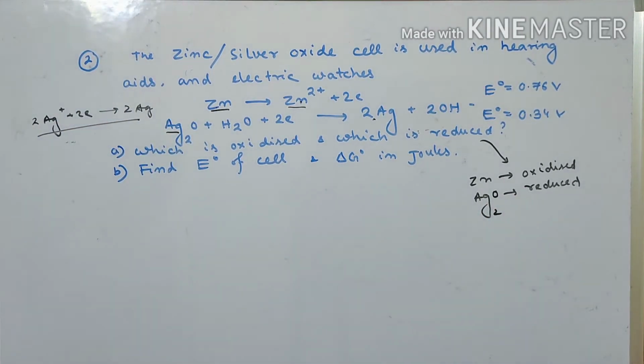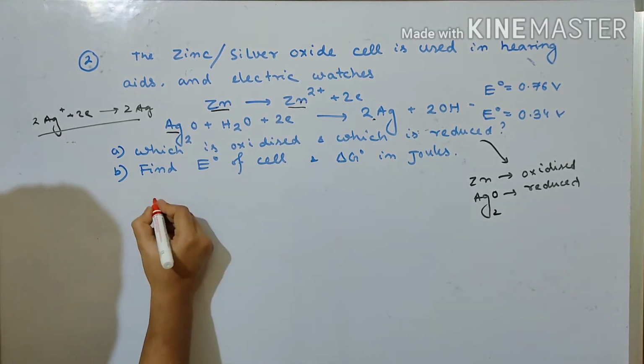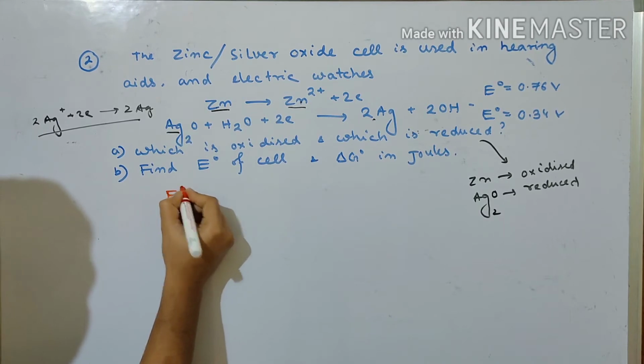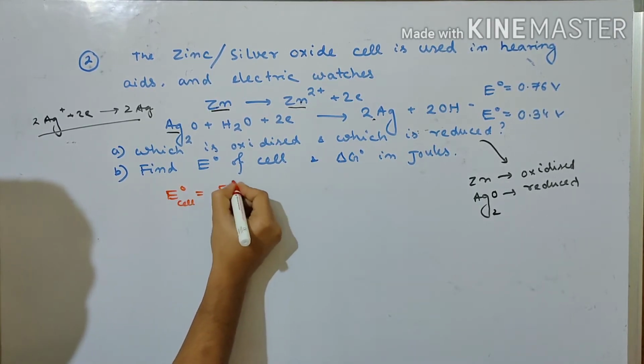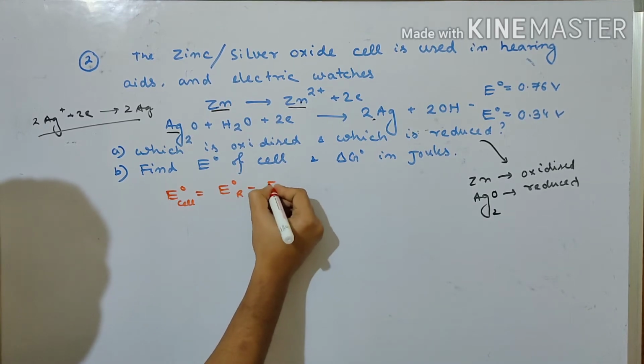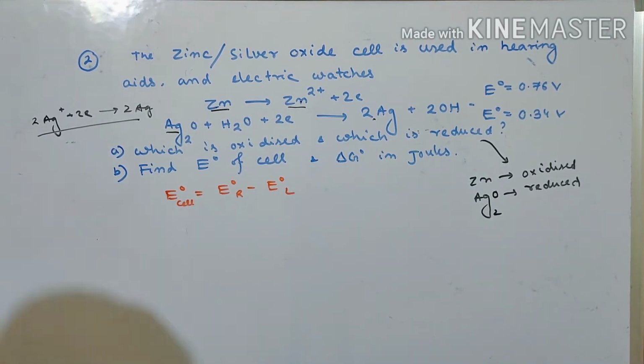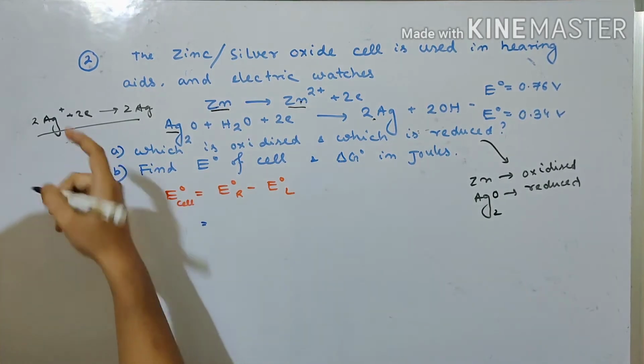is reduced. But the second part, we have to calculate E0 of cell. What is the formula of E0 of cell? E0 of cell is equal to E0R minus E0L, right? E0R means we are basically thinking about the silver cathode, which will be formed by this part.